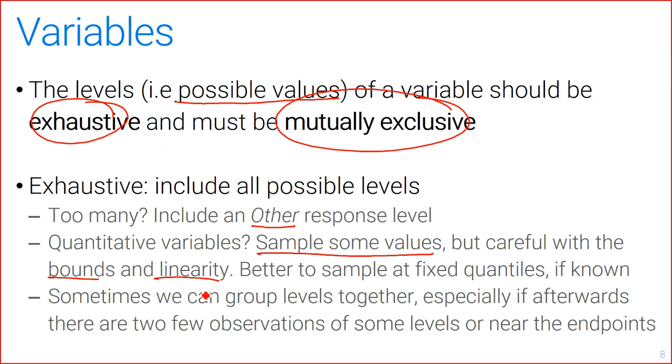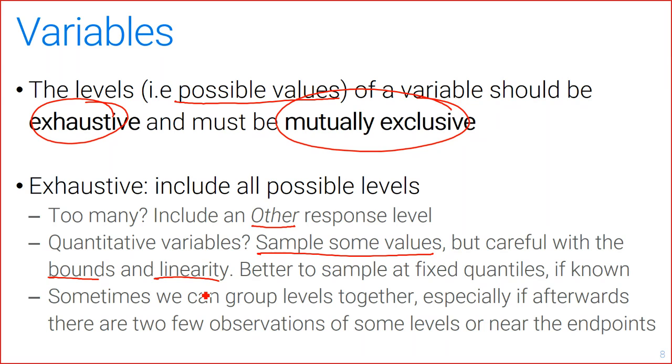And also you should think whether the effect of that variable is going to be linear or not. So should you sample levels of the variable throughout the entire domain, at equally spaced intervals, or should you pay more attention to low values because a lot of the observations are going to be in these low values?